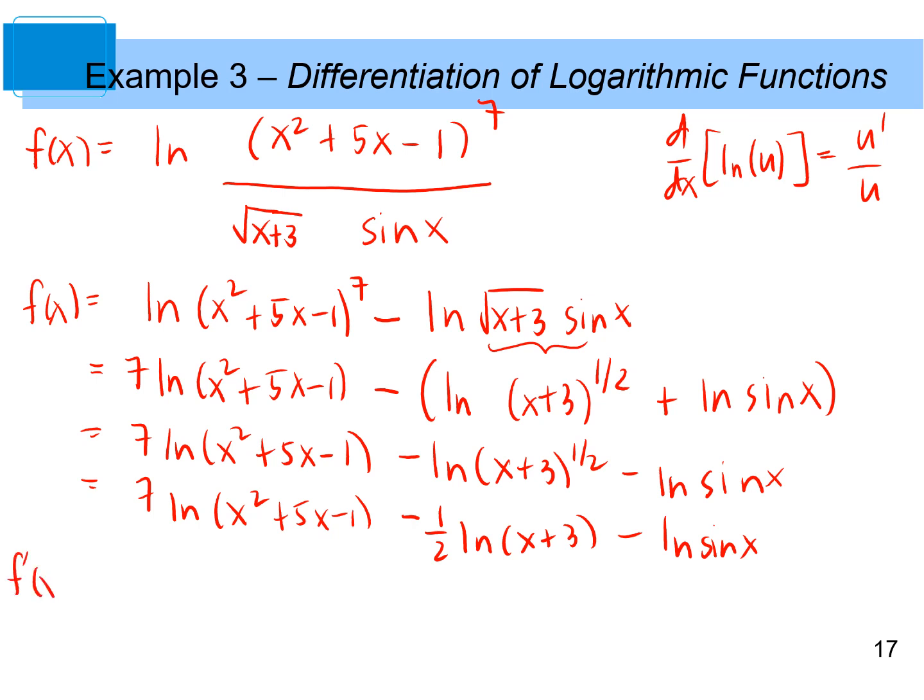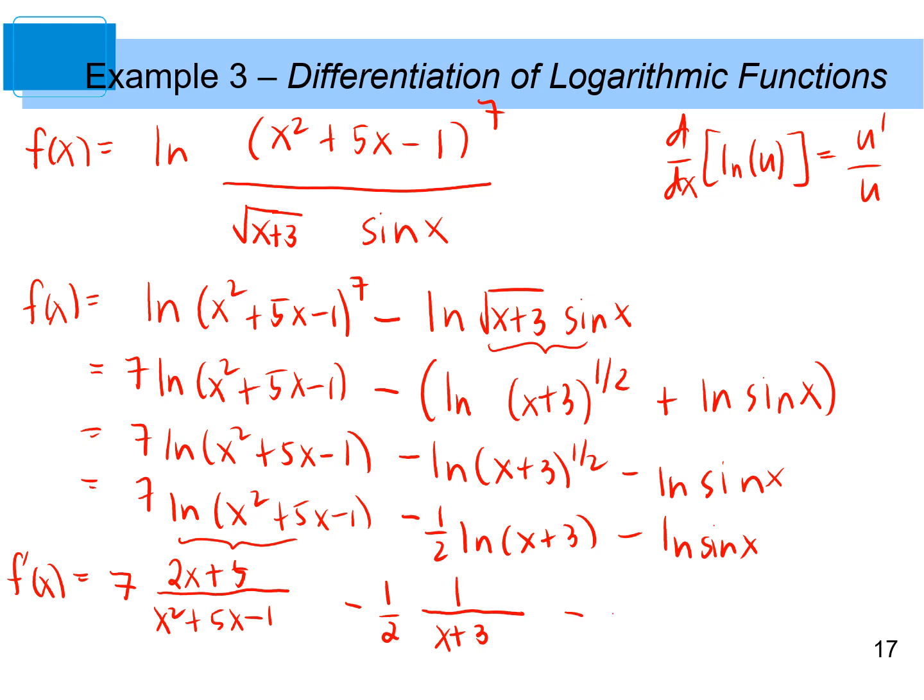So our f prime of x will be, we just copy coefficients, 7. For the first term, u prime over u, so we write x squared plus 5x minus 1, that is our u, and on top will be the derivative of that, and that is 2x plus 5. Minus, we copy 1/2. Again, we put u in the denominator, so that's x plus 3. On the numerator, the derivative of x plus 3 is 1. Minus, we copy u in the denominator, so that would be sine x, and on top, or the numerator, we get its derivative, so that's our u prime, and that is cosine x.